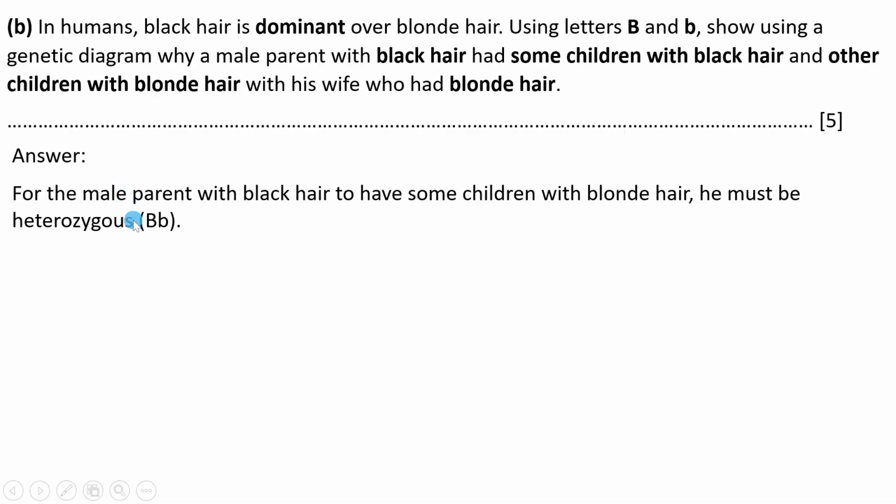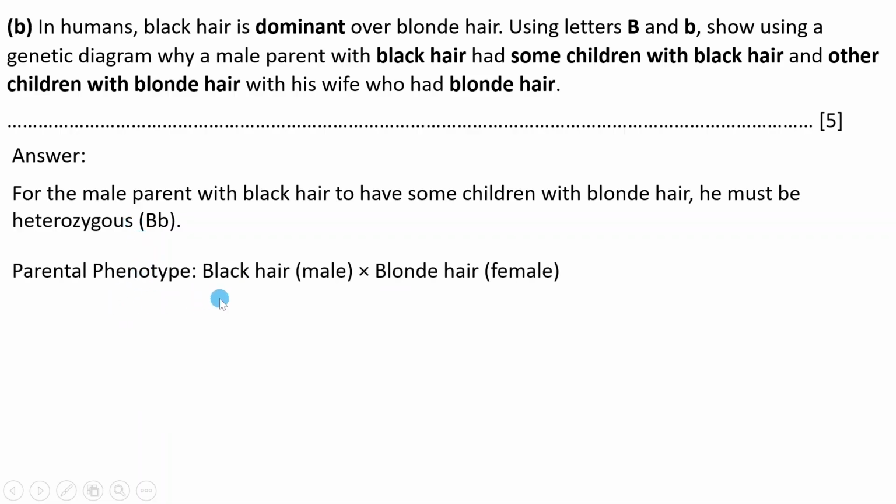Now what is it going to be? So we are going to say parent genotype, father, which is male, black hair, mother, female, blonde hair. Then genotype. So for the black hair, it means it was heterozygous black.